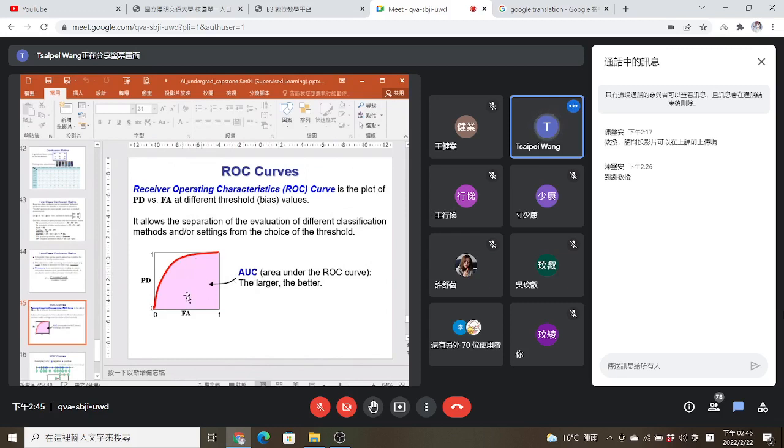The larger the area, the better. So comparison with the AUC separates the choice of threshold from the choice of the classifier, classifier setting, or hyperparameter. You try to separate these two different things. This is the threshold or bias independent comparison.